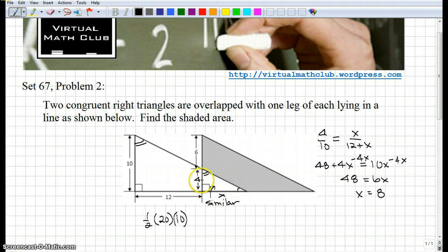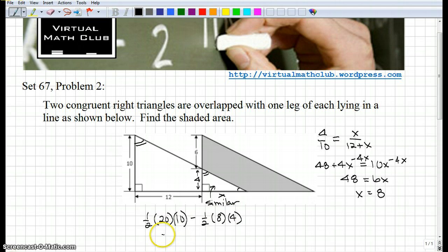So we can subtract out this smaller triangle to get the area of the shaded region. So we subtract out another 1/2. In this case, the base is 8 and the height is 4. So we're taking the big triangle, subtracting out the little triangle. Now we have x, we can do that.